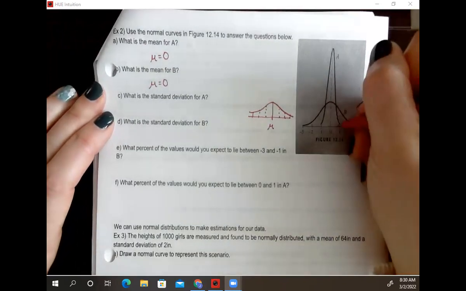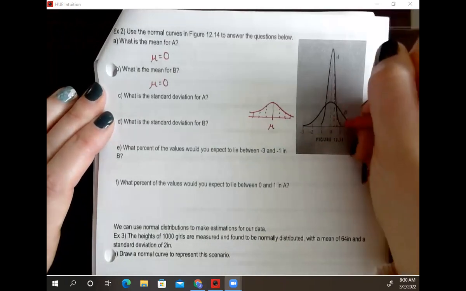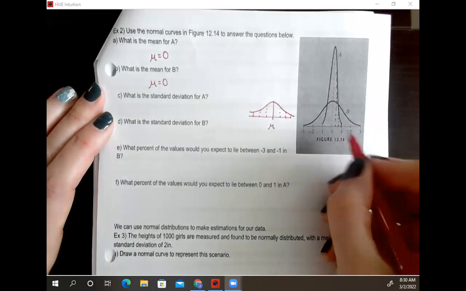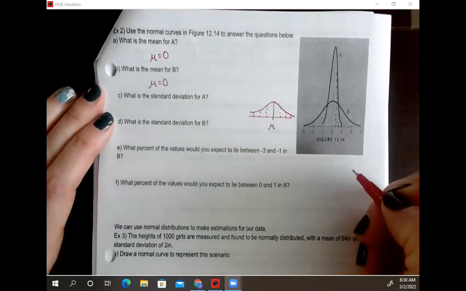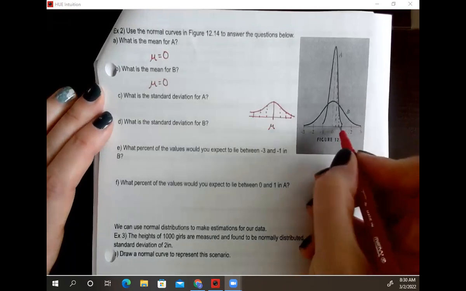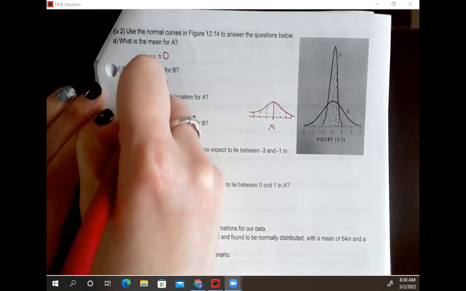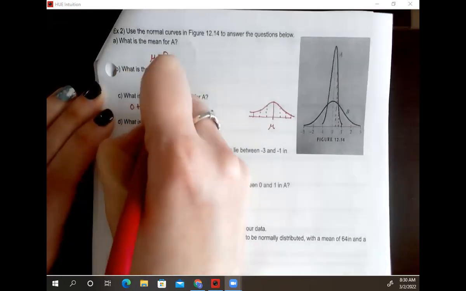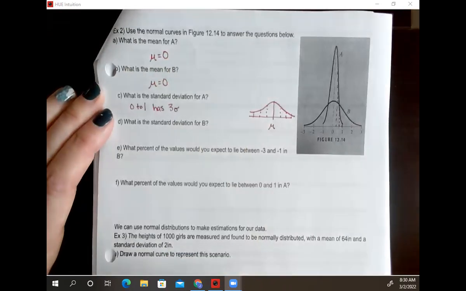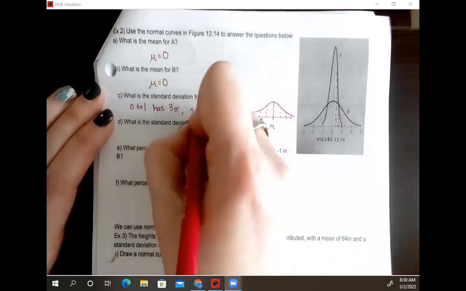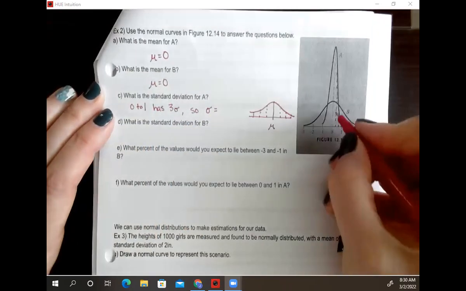Let me see if I can sketch these 3 pieces in here. I've got 3 chunks that I'm fitting in there. So my whole front half of my data for A goes from 0 to 1, but that has 3 standard deviations in there. That means 1 standard deviation would be a third.